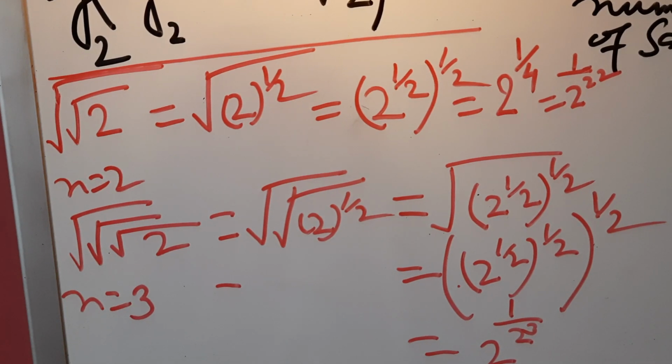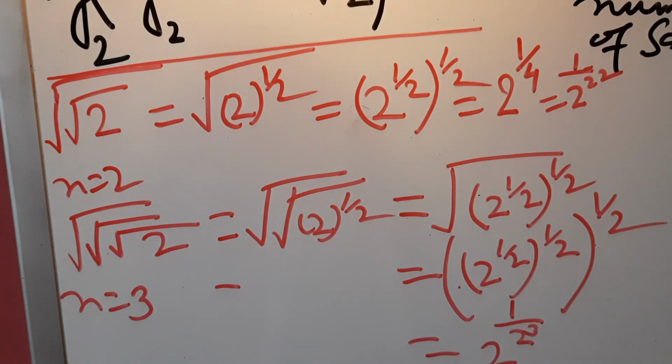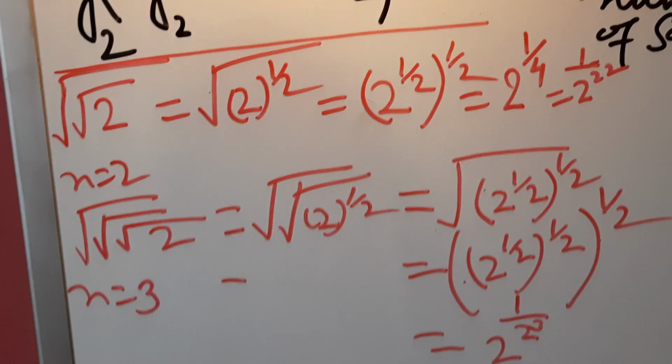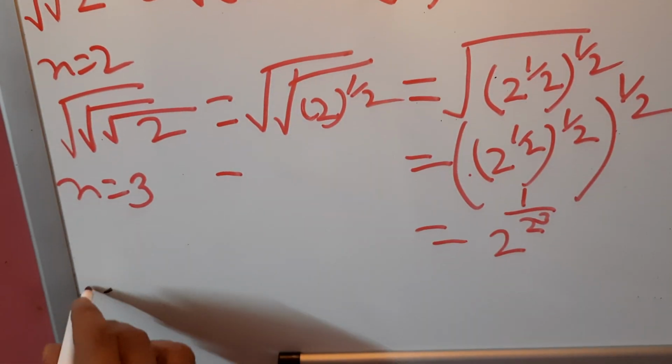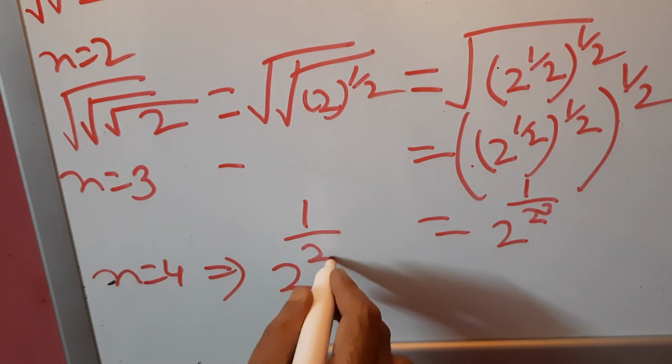Now we got the similarity in this number of square roots under 2. When n equals 2, the ultimate power is 2 to the power 1 by 2 square. When n equals 3, the total expression is 2 to the power 1 by 2 cube. In a similar way, for n equal to 4, we will get 2 to the power 1 by 2 to the power 4.